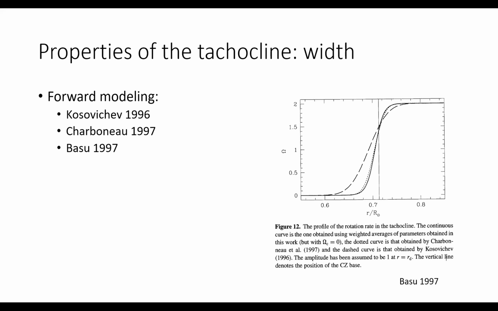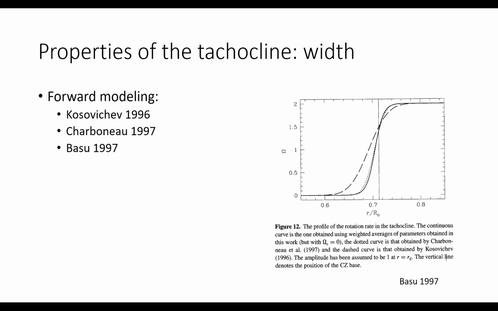One way to address that problem is to start with an assumed shape for the tachocline, or an assumed radial and, if you like, latitudinal distribution, and then try to model the splitting coefficients, and then use some sort of chi-squared or simulated annealing or something like that to see if you can get a best match for your assumed model. A number of authors did this in the mid-90s, especially when data from SOHO MDI came online.